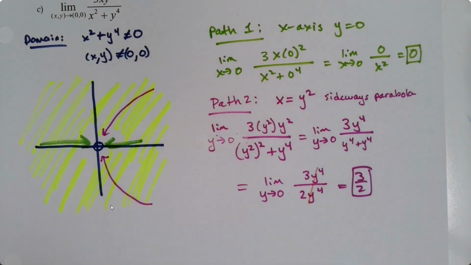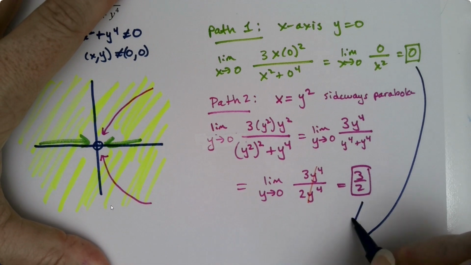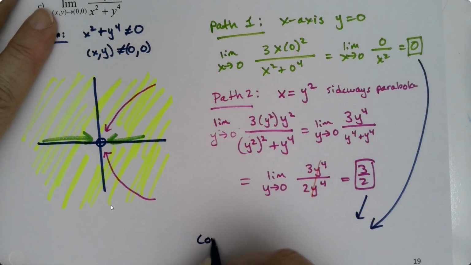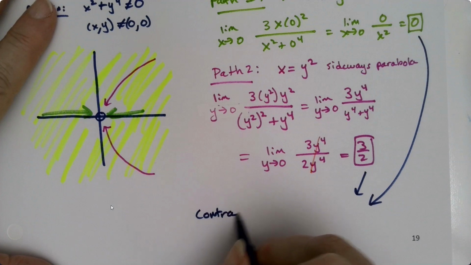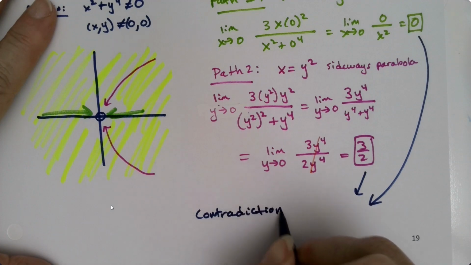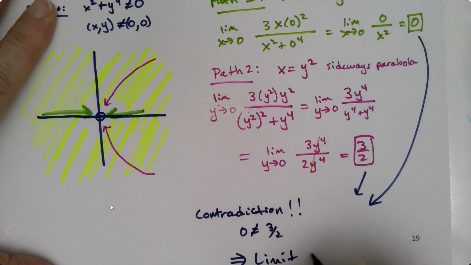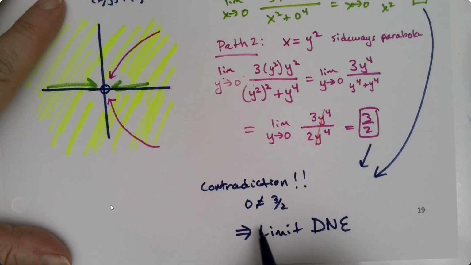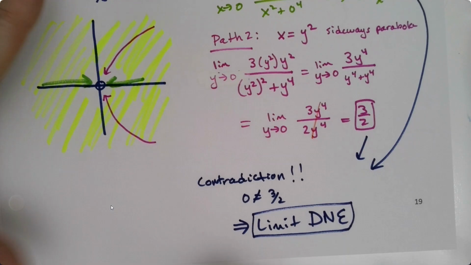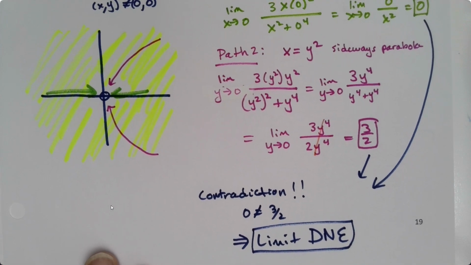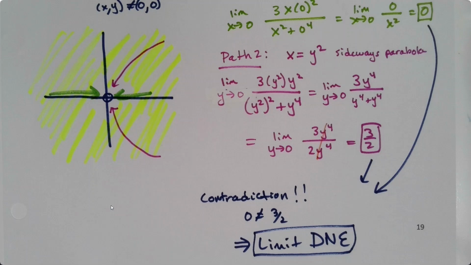Hooray, because that's not 0. So this is a contradiction. And that means that the limit does not exist. But you need all of this work to show it.